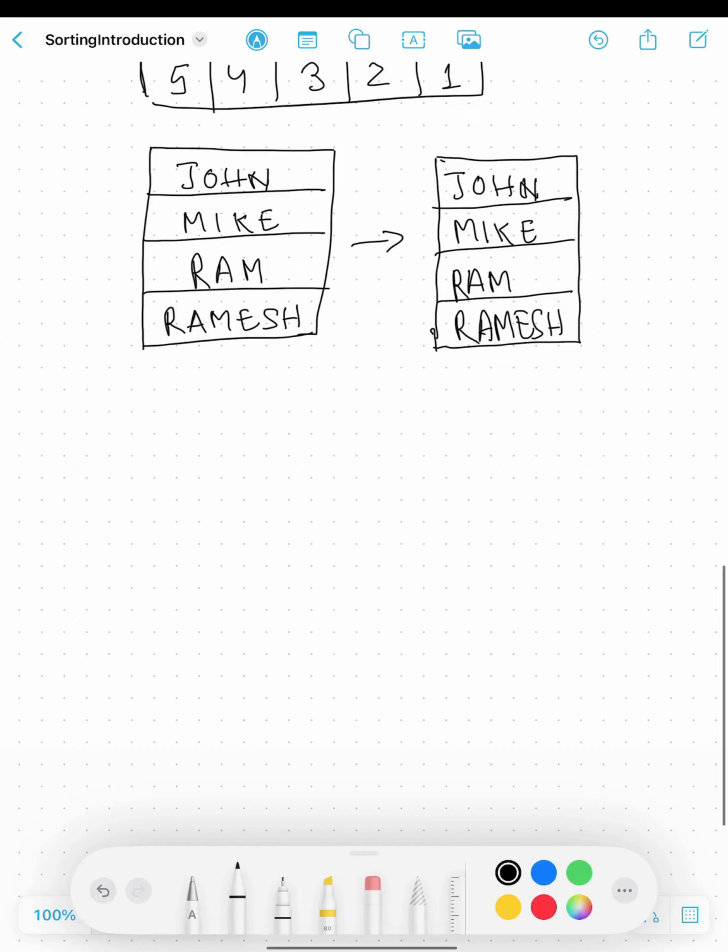There are a few terms which I feel we should know before we get into more detailed sorting topics. So the first one is in place.